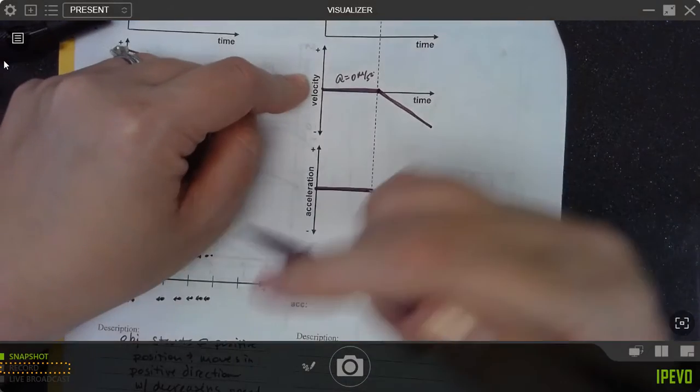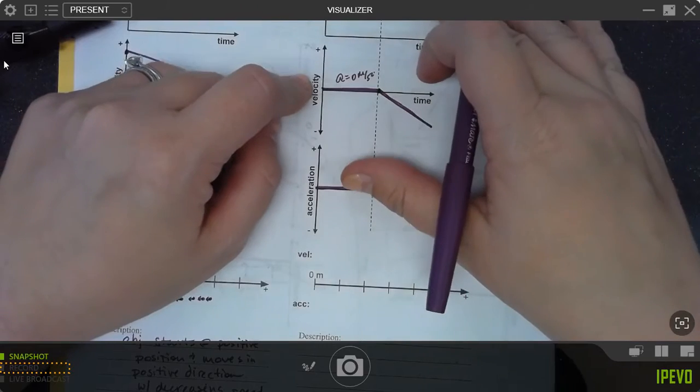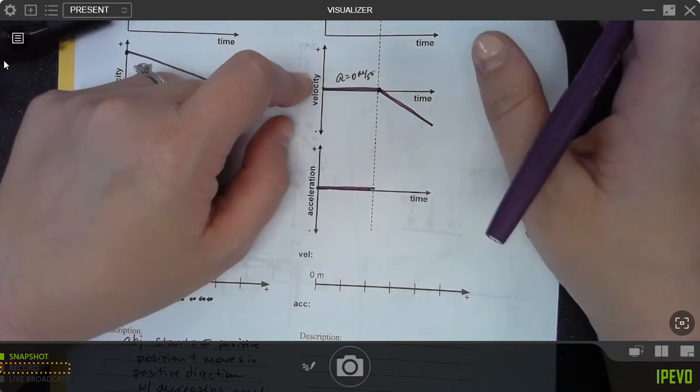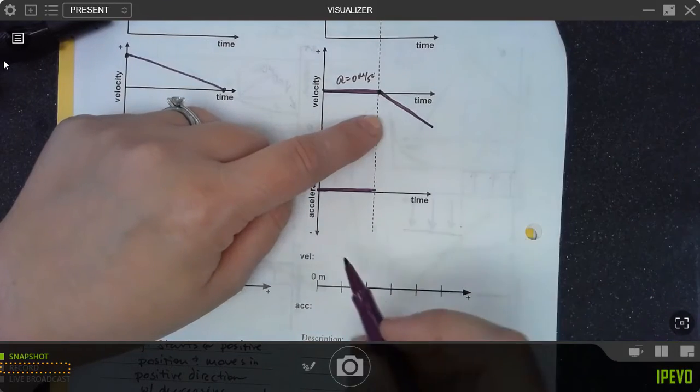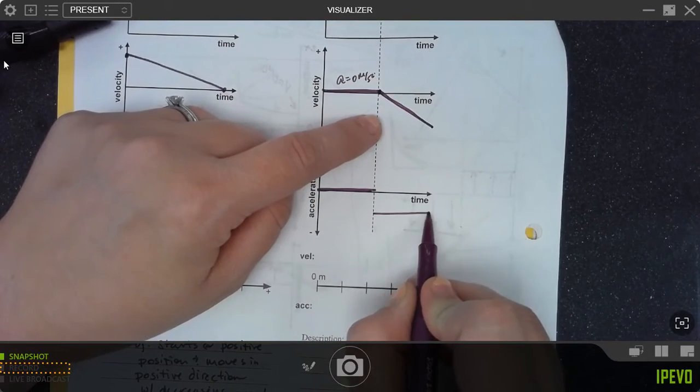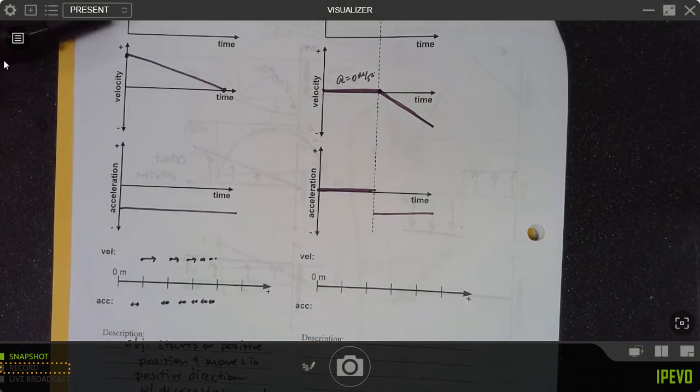Now my velocity is decreasing or increasing in the negative direction. So I've got a constant slope here, and it's negative. So when I draw my acceleration graph, it's going to be a constant, straight, flat, horizontal line in the negative space on the graph. How'd you guys do?